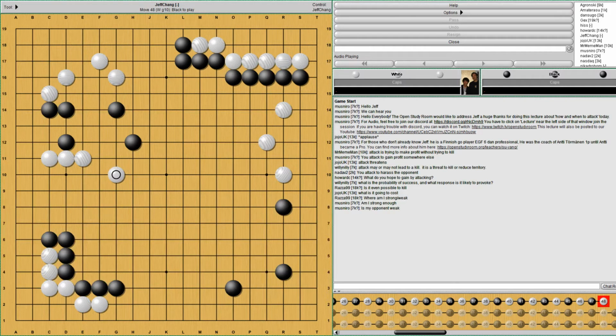This is a situation from a professional game, and White has just played this move. So here the question is, do you think we should attack? Is it timing to attack yet? Or no, we should wait?